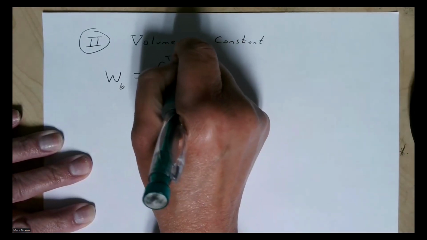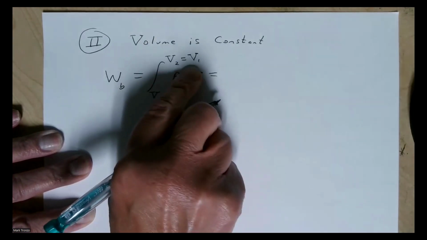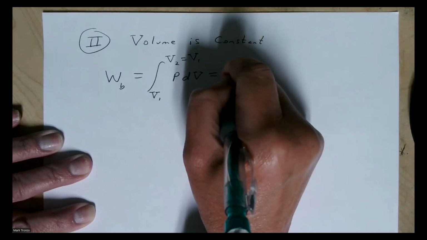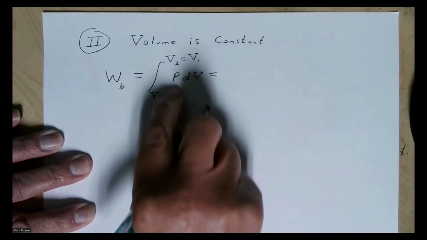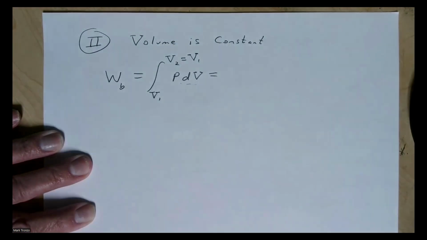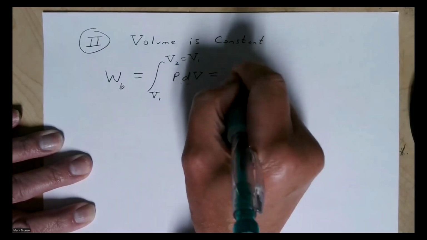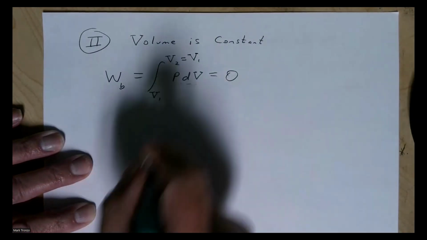Let me just call this V2 equal to V1. Then when you integrate it, of course, this right here will end up being 0. Anytime you have the two bounds exactly the same, the integral has to be 0.